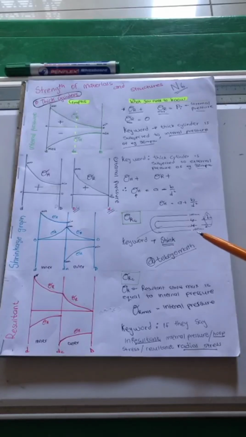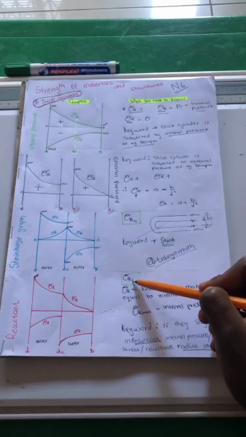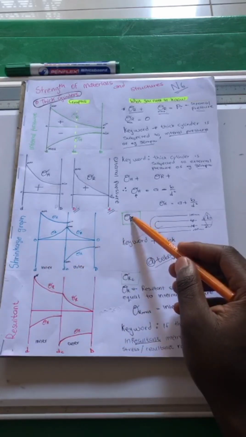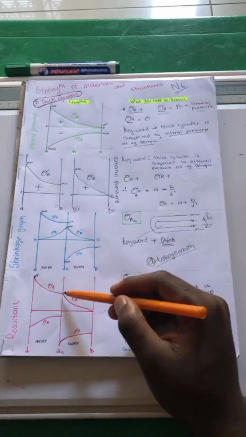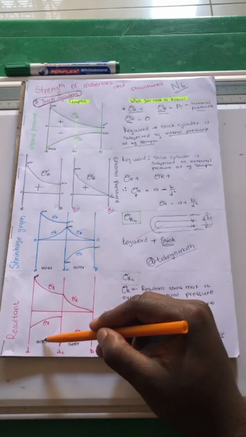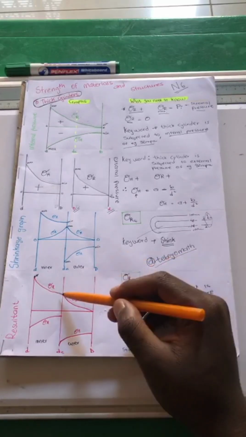And then, look, what you need to know is that the resultant graph has RC. The shrinkage graph also has RC. I call it RC because it's their common radial stress. So this means at this point, the radial stress in the inner cylinder and the radial stress in the outer cylinder are equal.